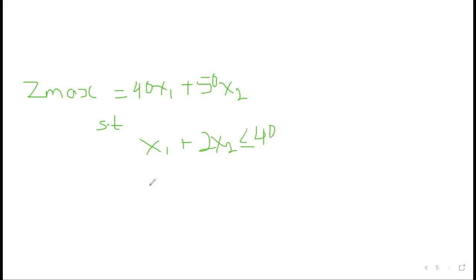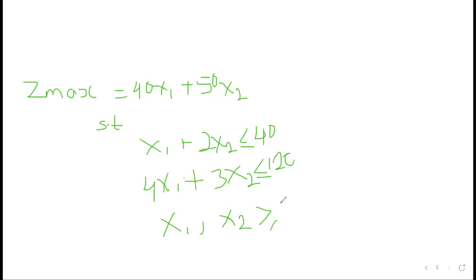And then we have 4x1 plus 3x2 less or equal to 120. Then we have our non-negativity, x1, x2 greater or equal to 0.